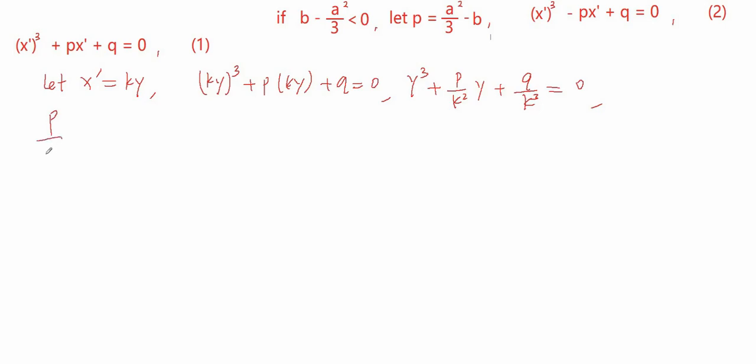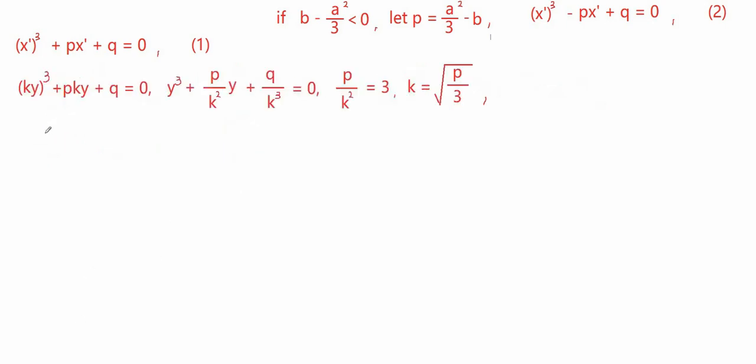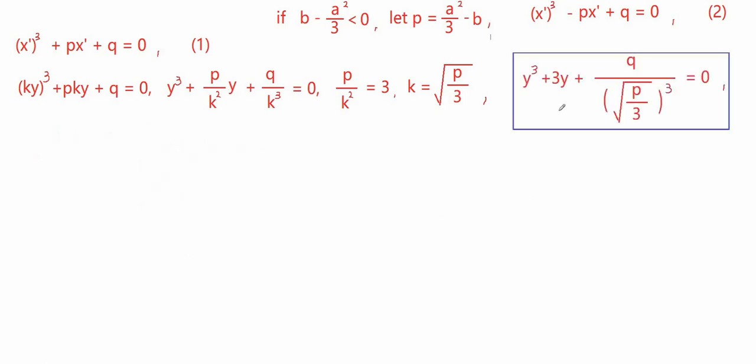And we need p divided by k square equal to 3, so we get k is equal to root p divided by 3. So the equation becomes y cube plus 3y plus q divided by p divided by 3 cube equal to 0. Obviously, this can be easily solved.